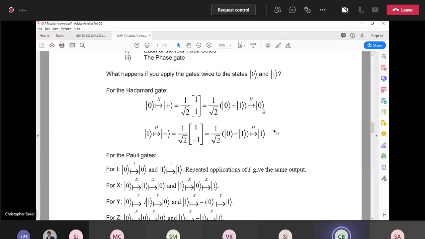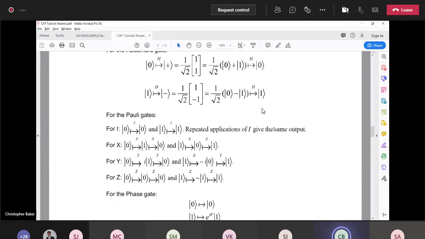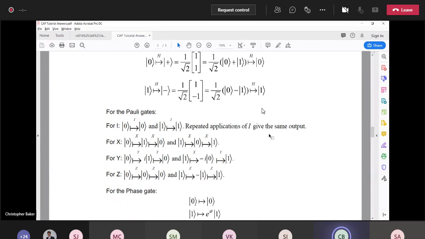So for the Pauli gates, for the identity, we have 0 goes to 0 and 1 goes to 1. The whole point of identity is it's not changing the state. For X, 0 goes to 1, and 1 goes to 0.